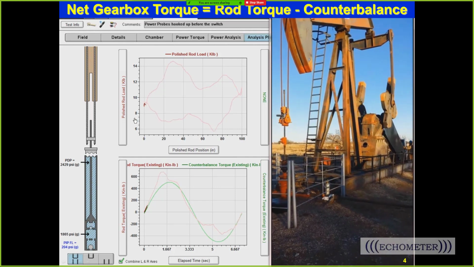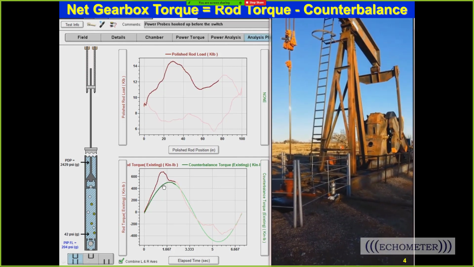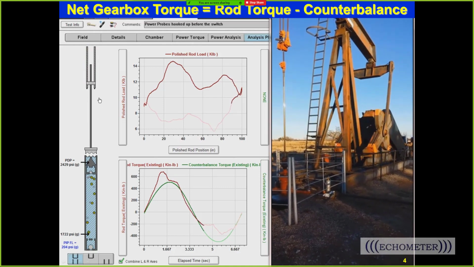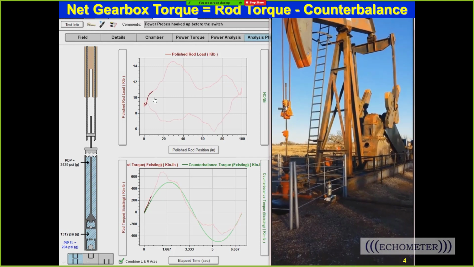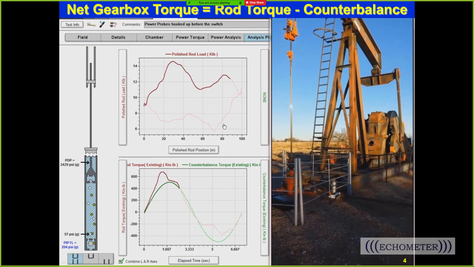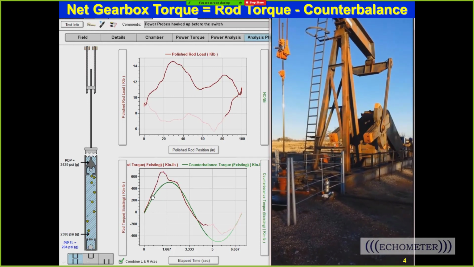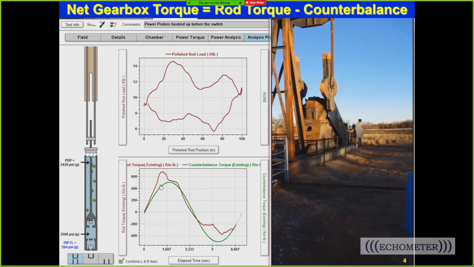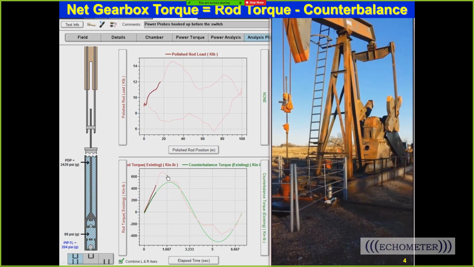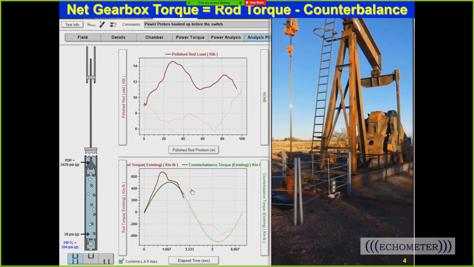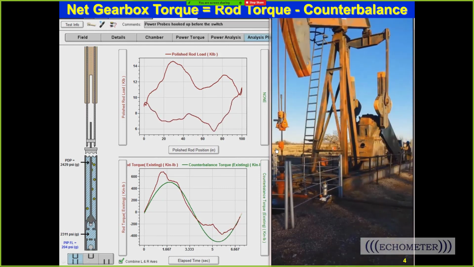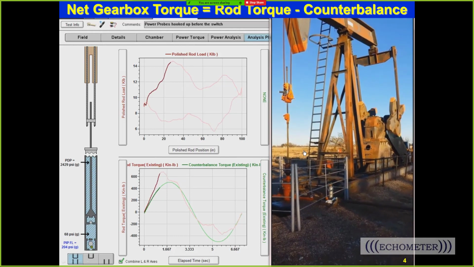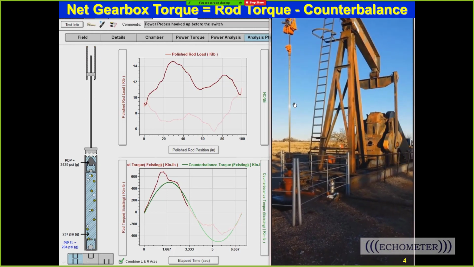Now, this bottom plot, this is called an analysis plot. And also notice that the pump motion, along with the polish rod motion, is in sync with this surface dynamometer card. Now, this isn't the pump card. This is something different. So when you look at this, this is the rod torque, the torque of the rods acting on the gearbox, and then the counterbalance torque in green counterbalancing the rod torque.